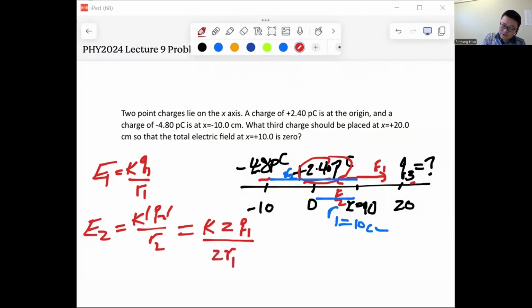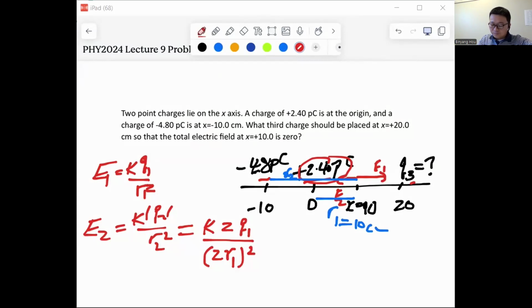And I'm forgetting something, I just realized: E1 should be KQ1 over R1 squared, and E2 should be KQ2 over R2 squared. So we need to square the denominator.